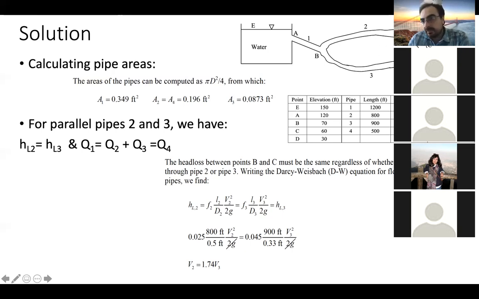And then this flow merges into pipe 4, so the sum of these 2 flow rates should also equal Q4. So that is what I've written here: Q1 equals Q2 plus Q3 equals Q4. Any questions so far before we move forward?